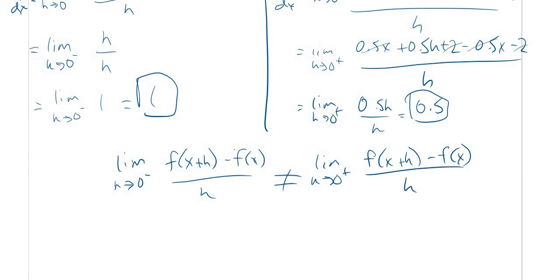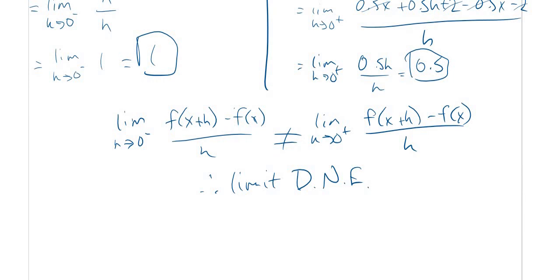The left-hand limit is not equal to the right-hand limit. Therefore, the limit does not exist. So if we can't find a limit using our first principles definition, it means that we cannot find a derivative at this point. So, not differentiable at x equals 2.